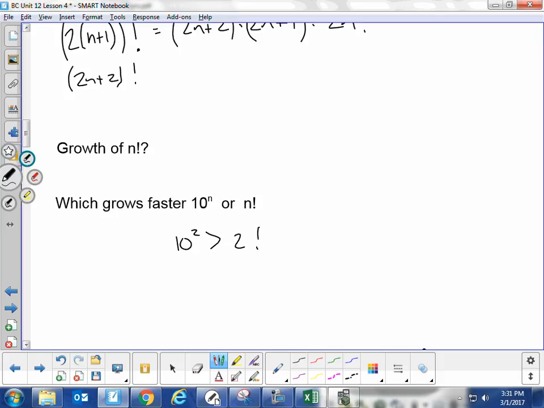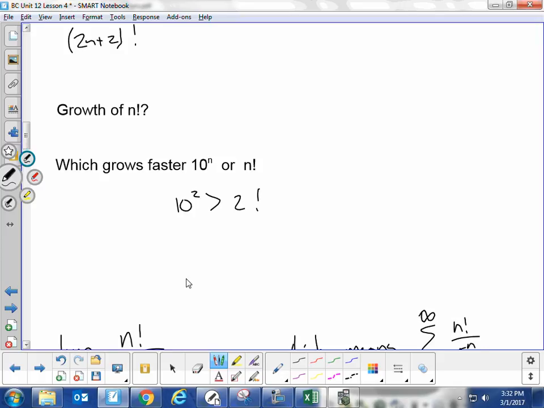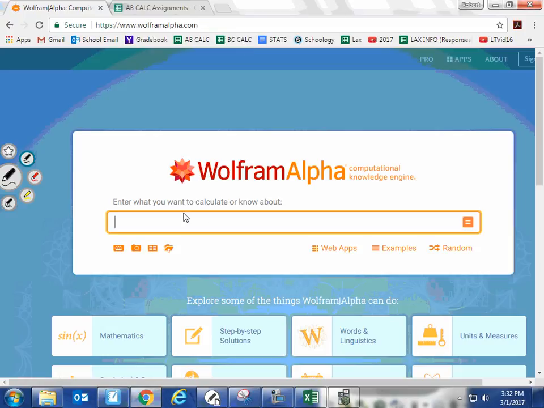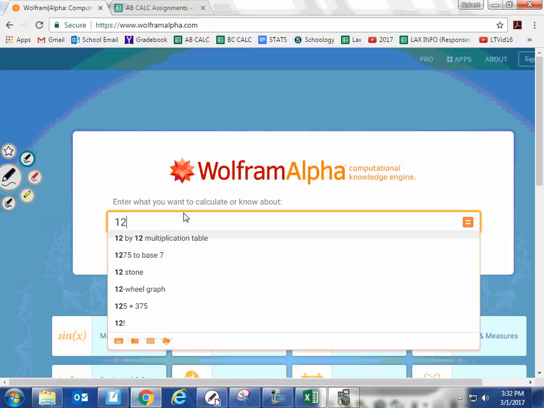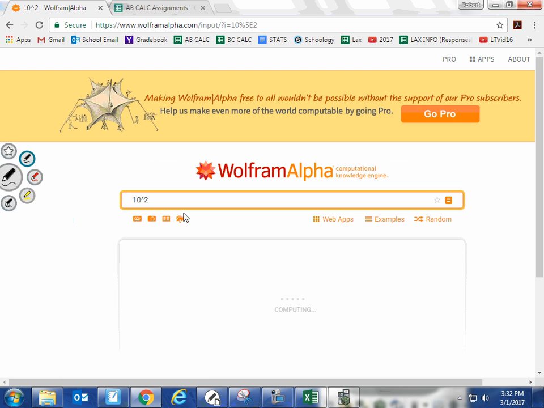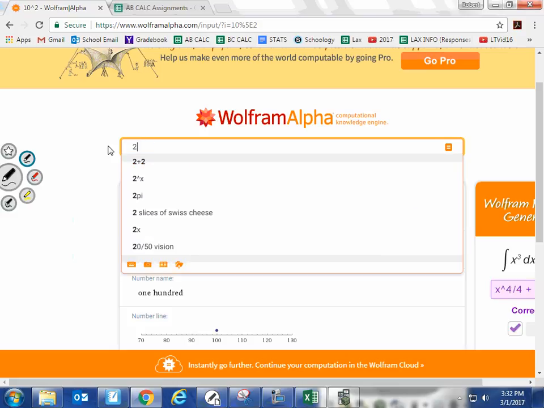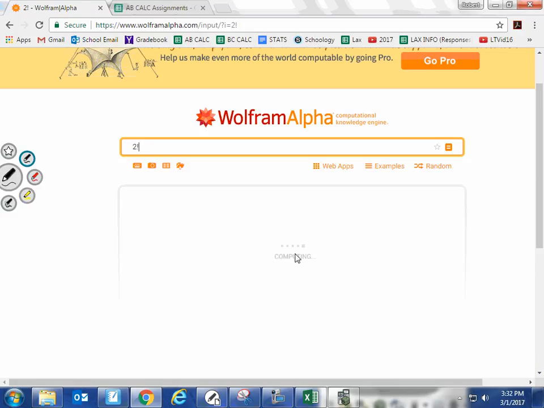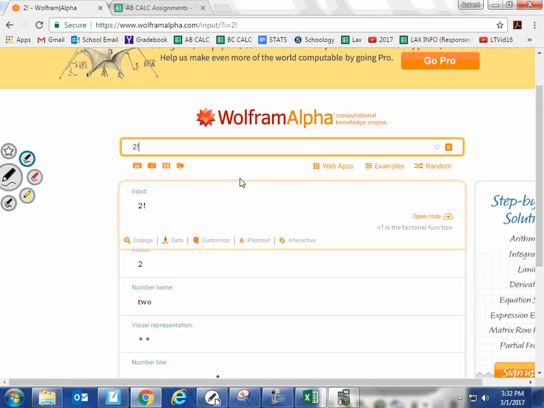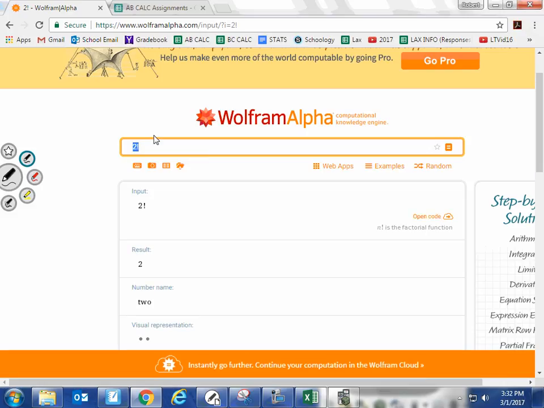Let's just actually look through a fun program called Wolfram Alpha at some values for n. So if I look at 10 squared, 100, 2 factorial, just 2. Okay, so it looks like 10 squared and 10 to the n is going to be faster growing.